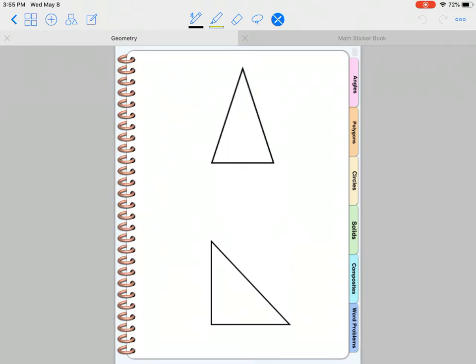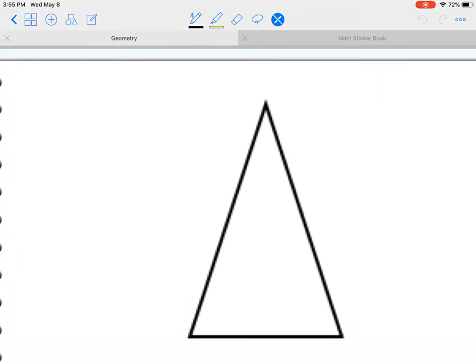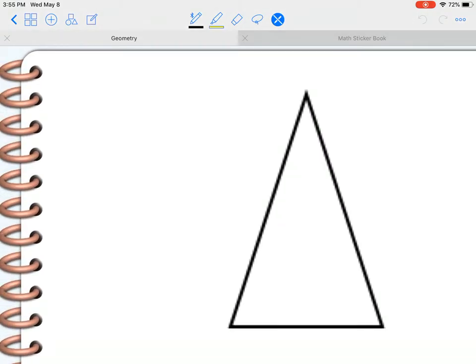So the first thing I want to tell you is the definition of a triangle. And I've drawn you one here just to refer to, but let's define triangle. Tri means three. So a triangle is a polygon or a shape with three angles.